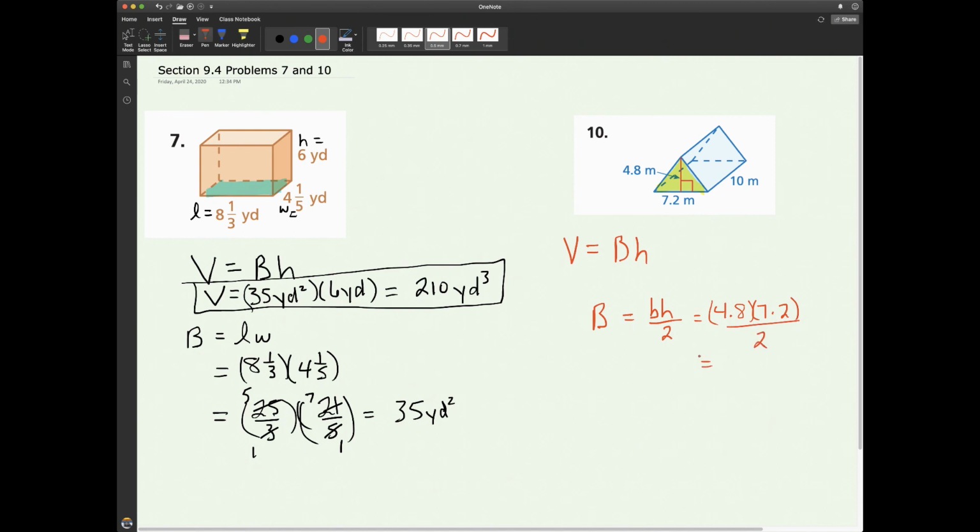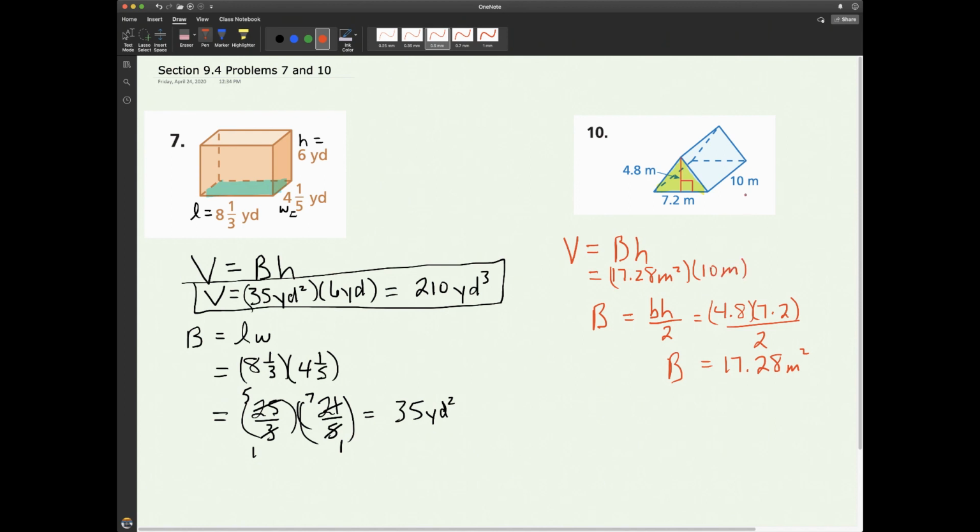If you put those in your calculator, you'll get an answer of 17.28 meters squared. All right, so that is capital B. So I go ahead and plug that in up here, 17.28 meters squared, and I multiply it by the height of my triangular prism, which is 10 meters.